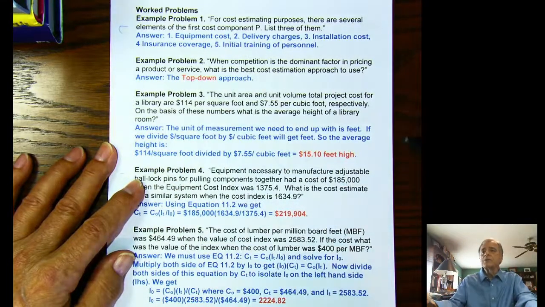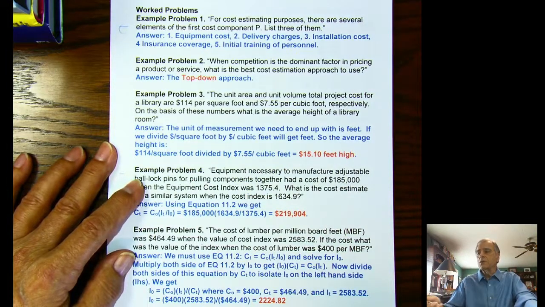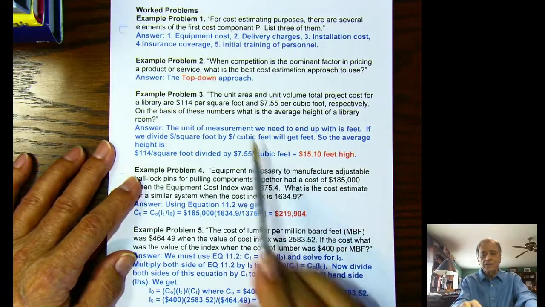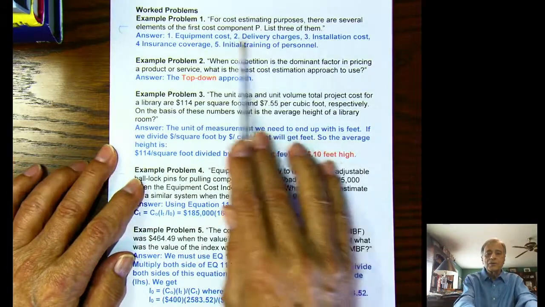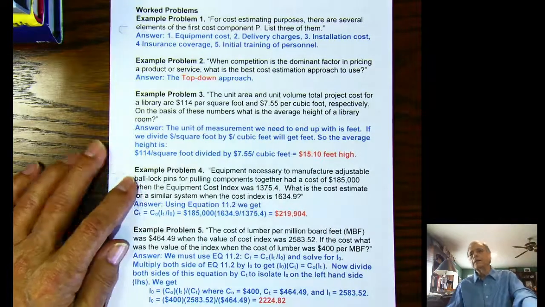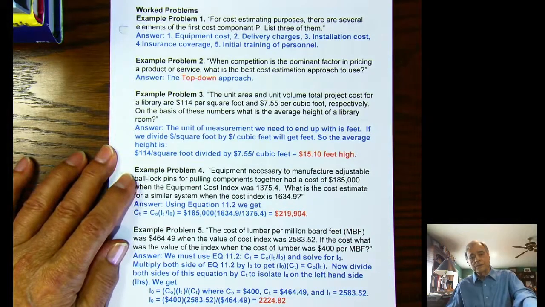They go into the actual first cost of a piece of equipment, because certainly you can't use it in your production process if it's not delivered and it's not installed. So all of those are part of the original cost of the item.